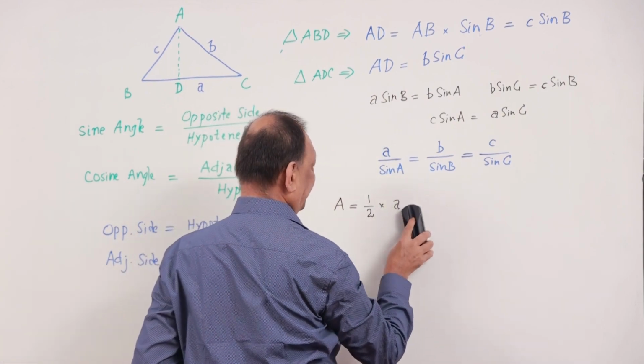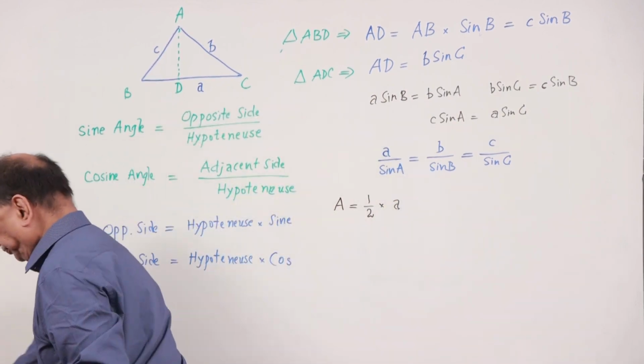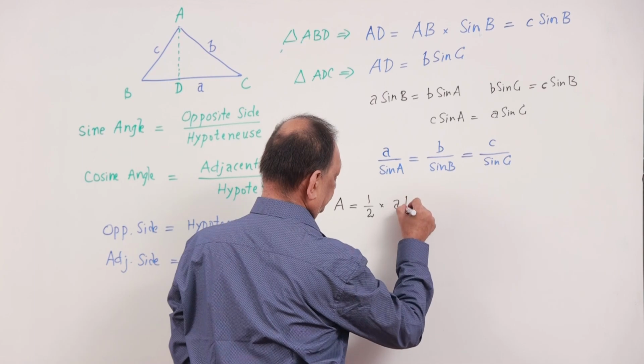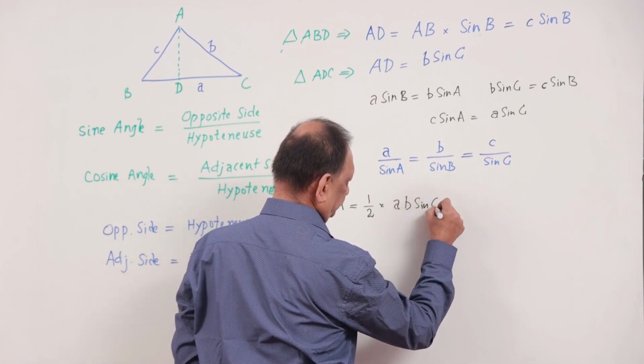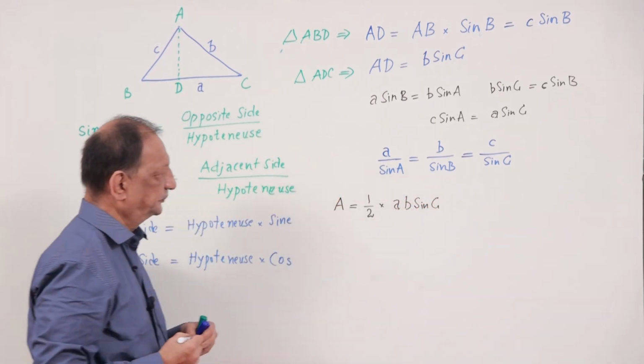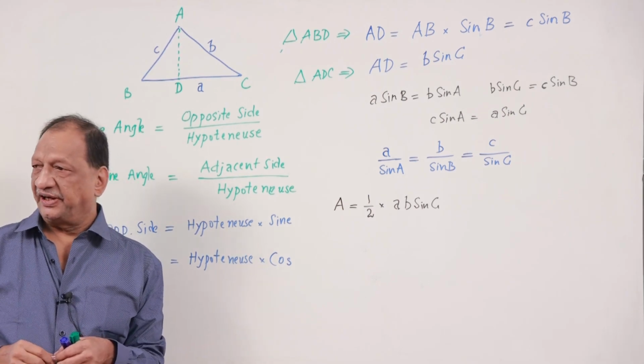So I can write half A B sin C. That's the area.